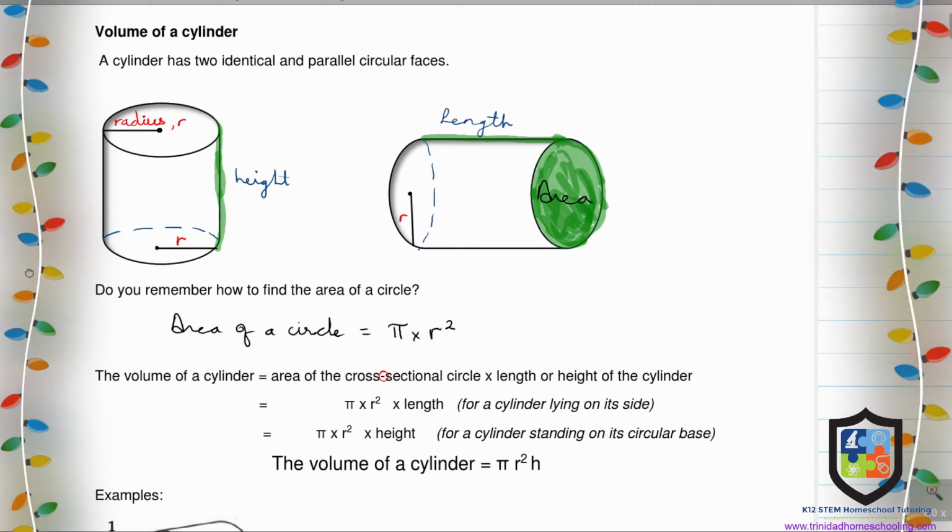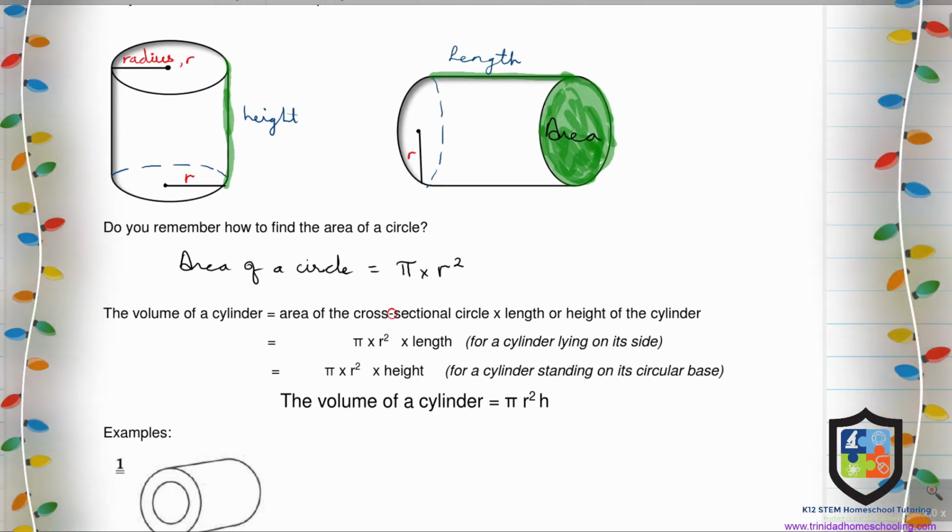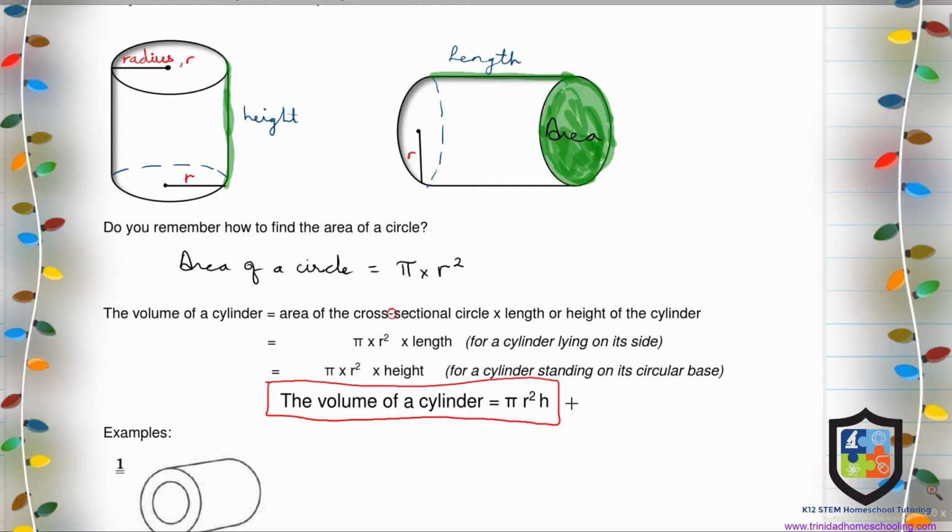Alright, so we need to memorize that the volume of a cylinder is pi multiplied by r squared by the height. Again, your units will be in cubic units, such as centimeters cubed or meters cubed or millimeters cubed, and so on.